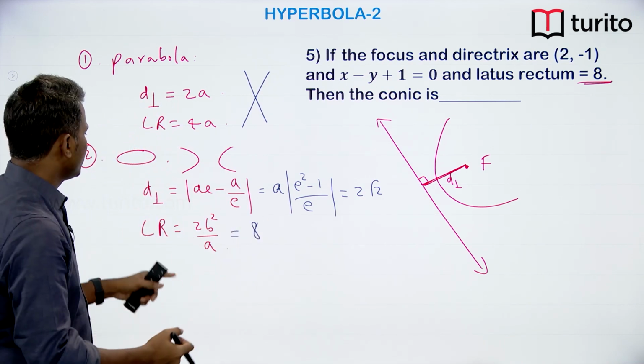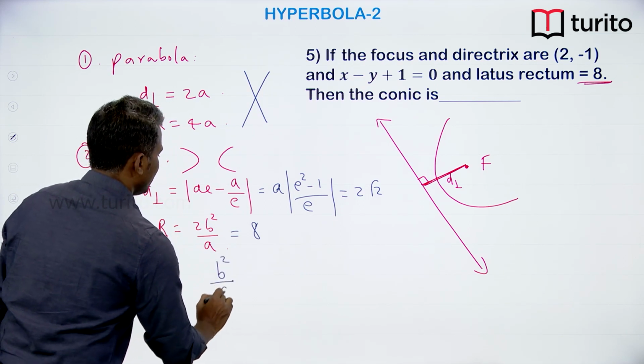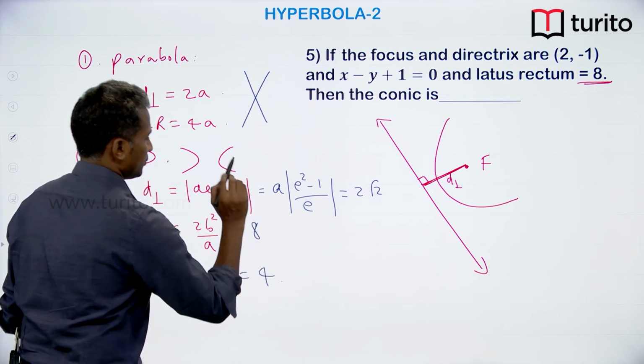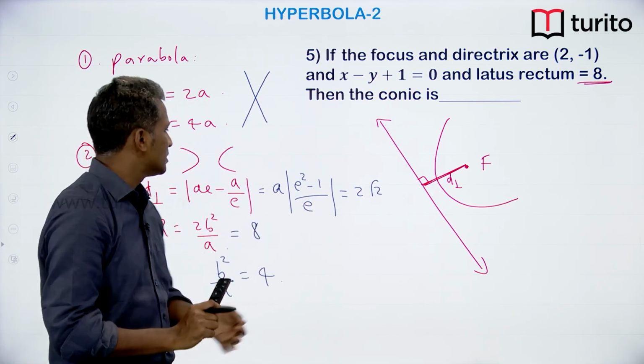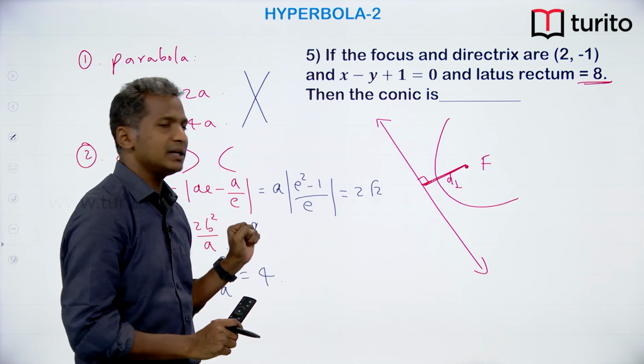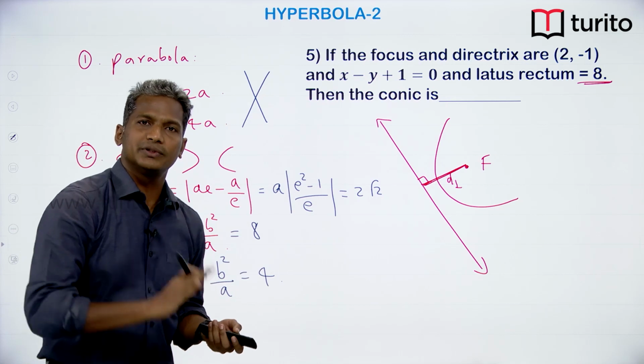Okay. So, here if I further simplify, b square by a must be equal to 4. So, now we may have to take two cases for this. Okay. So, one is the 1 minus e square by e, other is the e square minus 1 by e. So, let us take both of them and observe.